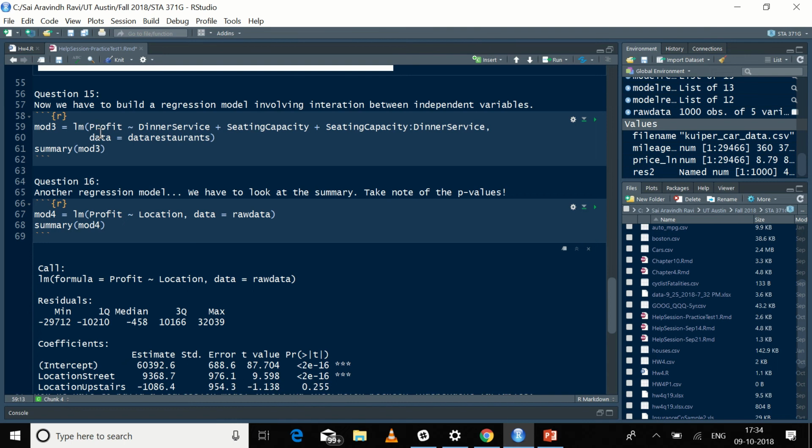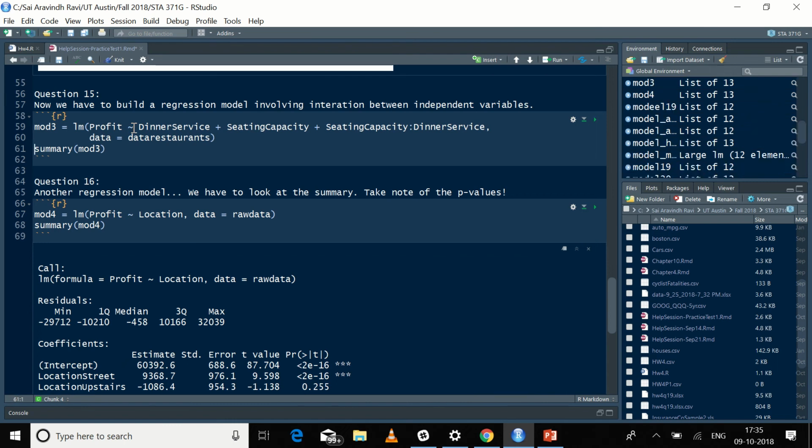The second way is to write whatever single variables you want, and then for the interaction term, you can use a colon. It causes errors for some reason if you do that, or just define the interaction term right before the LM statement and then reference the object inside. All right, I'll run that one now.